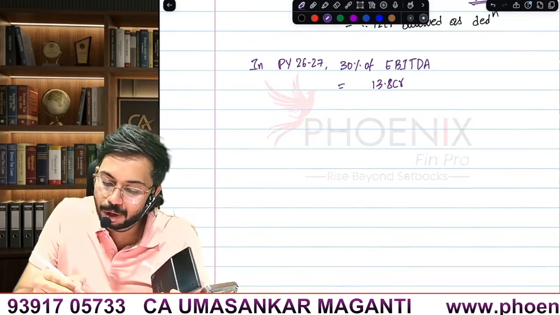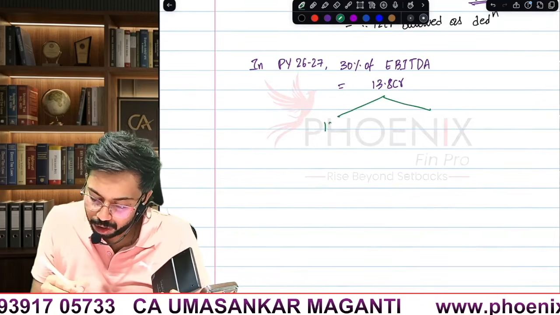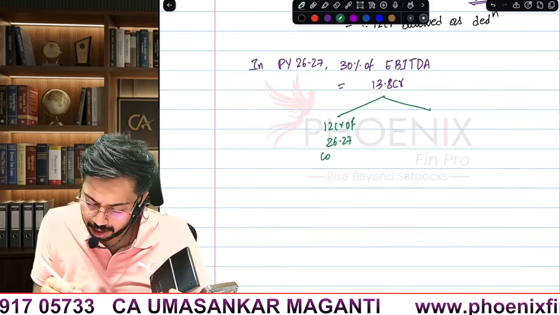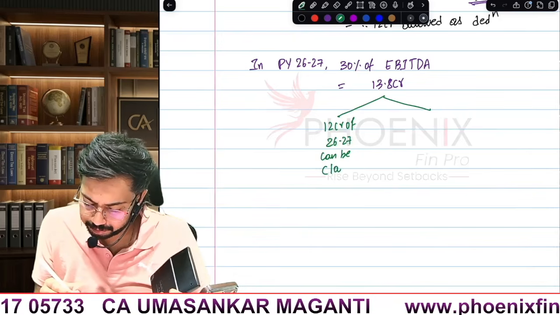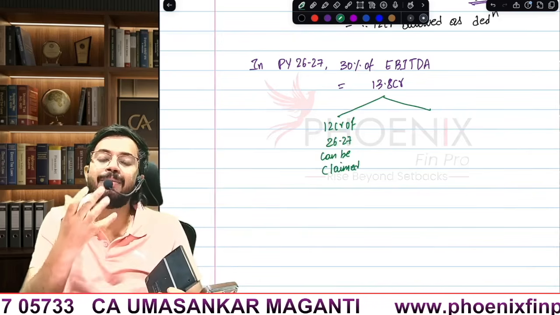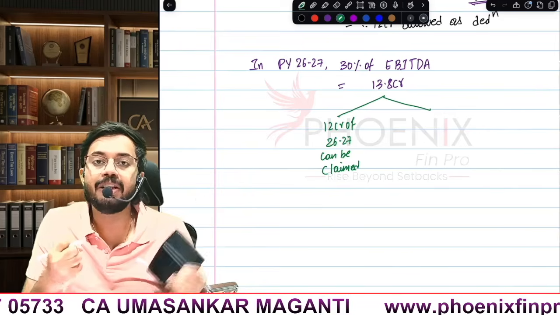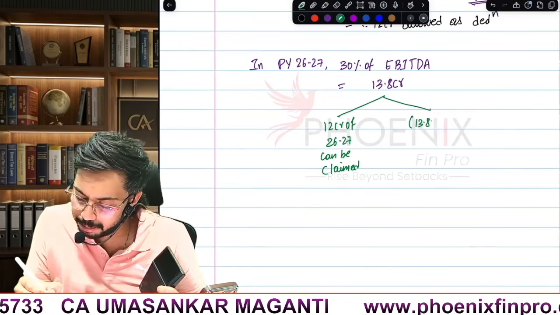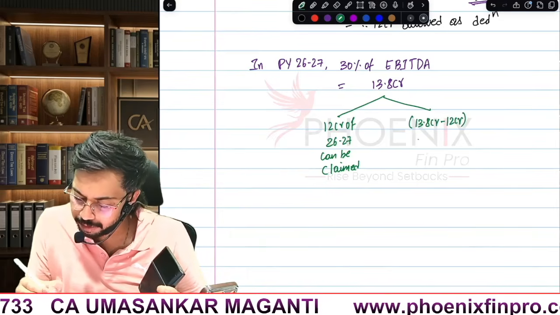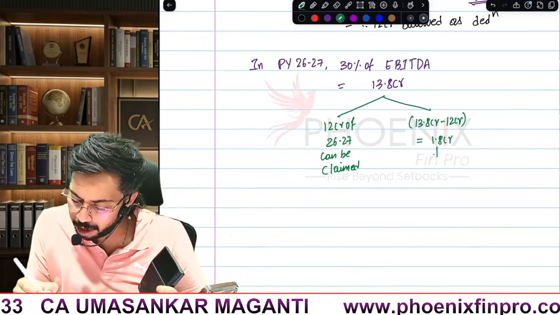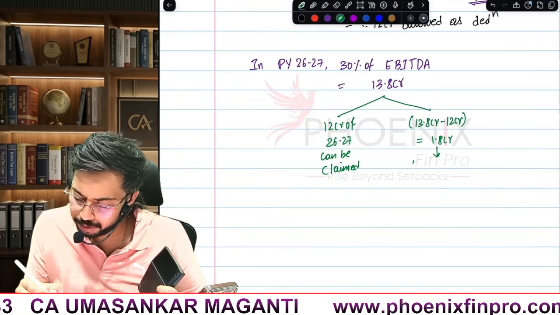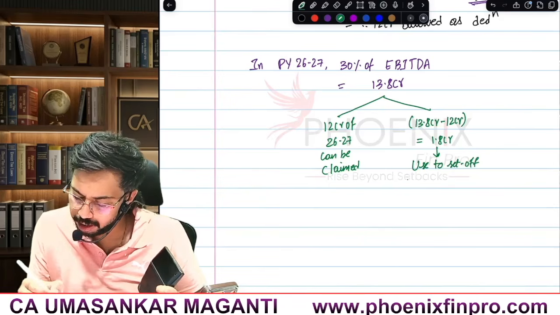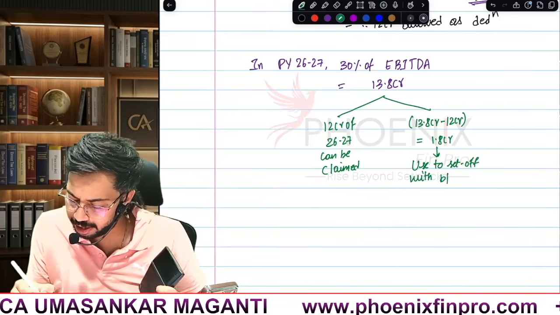Out of 13.8 crores, 12 crores of 26-27 can be claimed, and how much amount is eligible for set off with brought forward credit? 13.8 crores minus 12 crores. How much? 1.8 crores. 1.8 crores you can use to set off with brought forward credit, right?